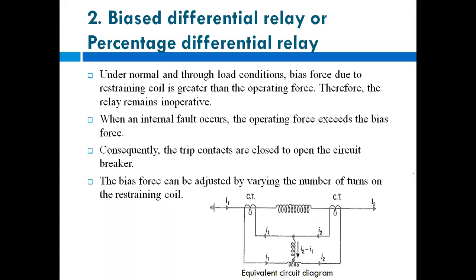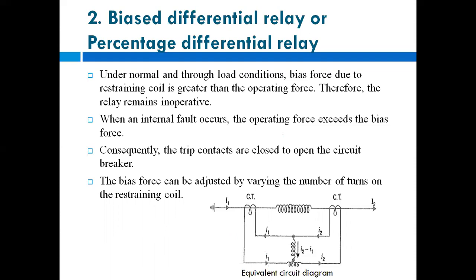But when an internal fault occurs, the operating force exceeds the bias force. So your relay will operate when there is some internal fault, means if any fault occurs, the operating force will be greater than the restraining force.